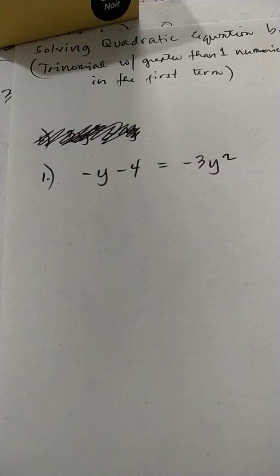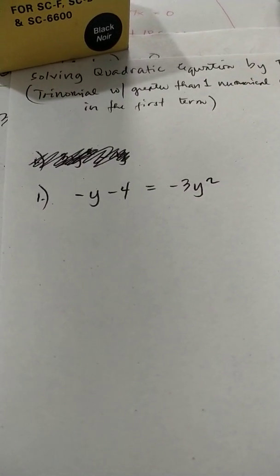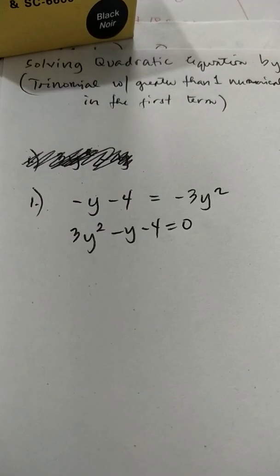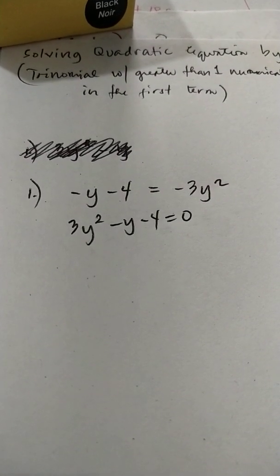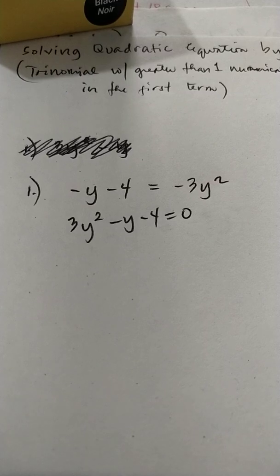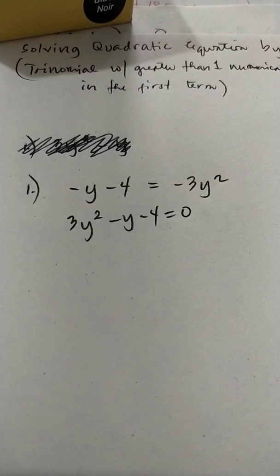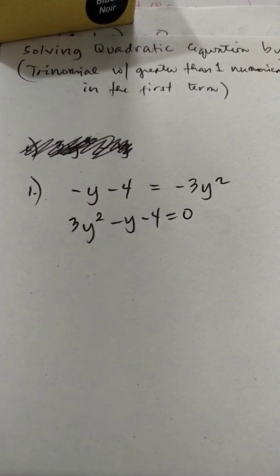As we have noticed, this one is not yet written in the standard form of quadratic equation. So writing it in the standard form, we have 3y squared minus y minus 4 equals 0.